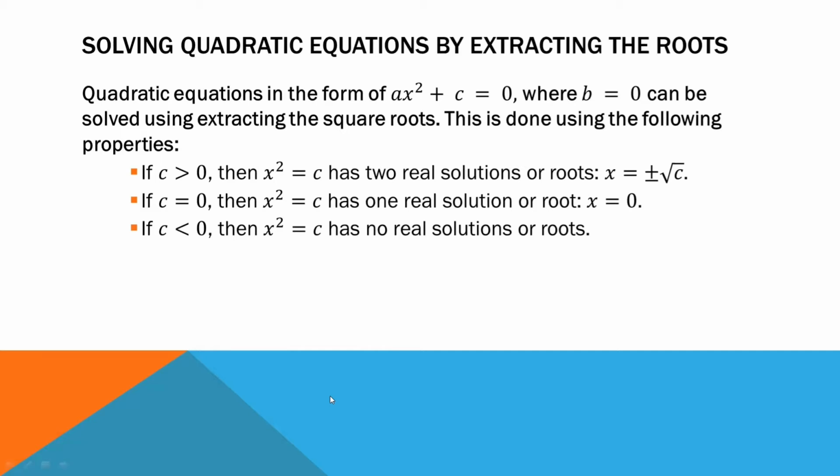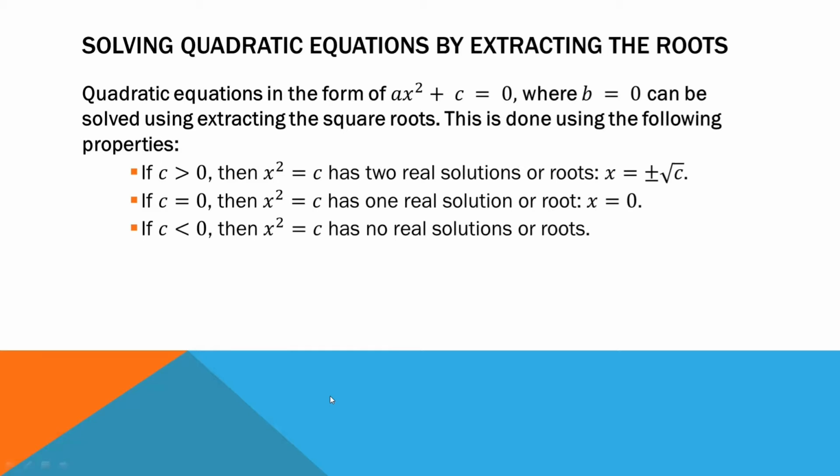So this is what we need to consider. If c is greater than 0, or the constant ay positive number dahil greater than 0, then x squared is equal to c, may two real numbers or two real solutions siya or roots. So therefore, x is equal to positive and negative square root.